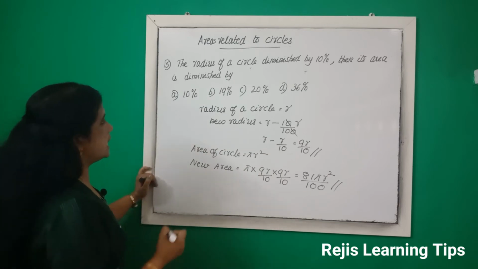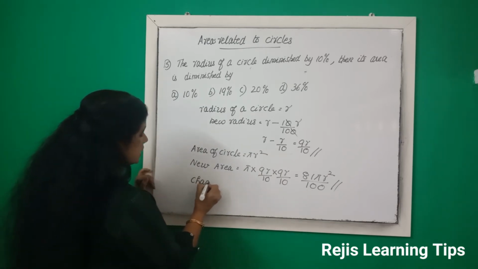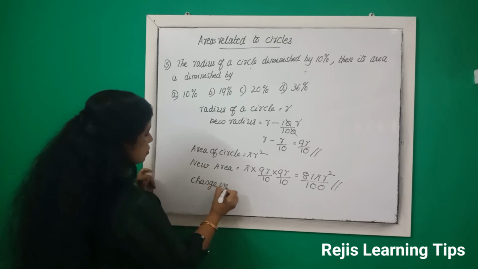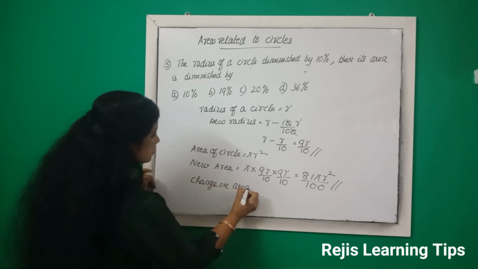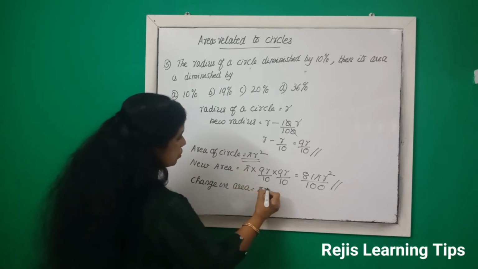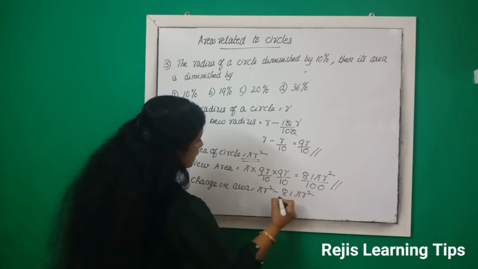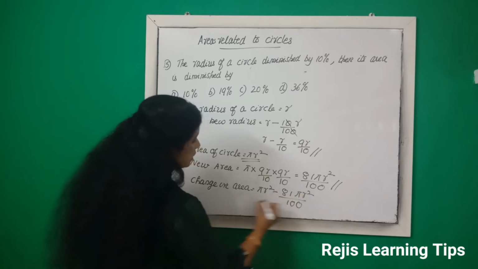Then the area is diminished by the change in area. Change in area is equal to the original area, so pi r square minus 81 pi r square divided by 100.